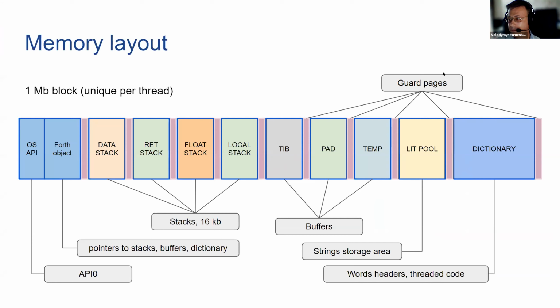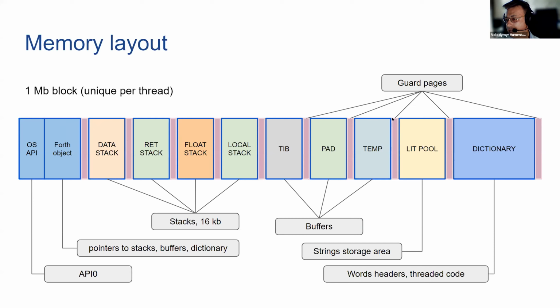As you see, here there are special guard pages. Each block or each area has different access attributes. For example, the dictionary has access attributes execute, read, write, and the rest have just read, write.